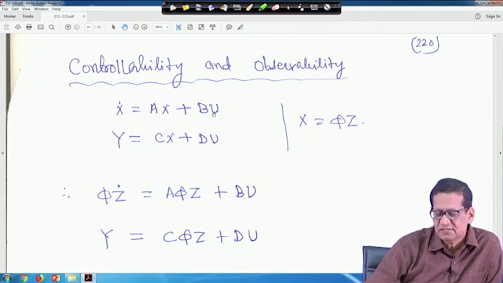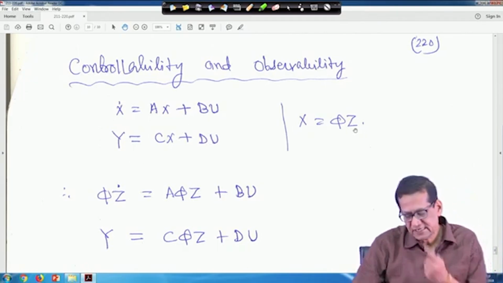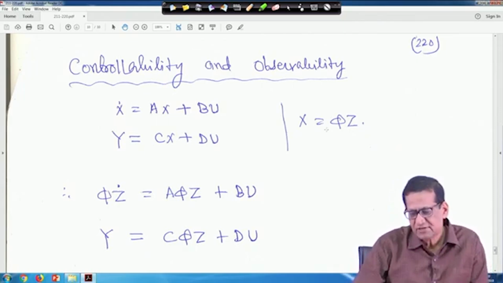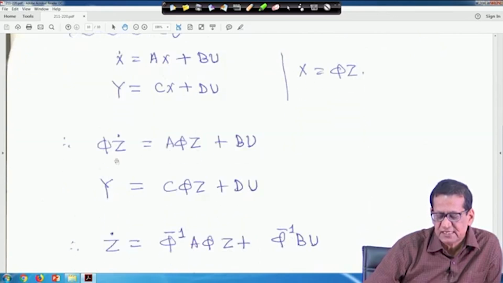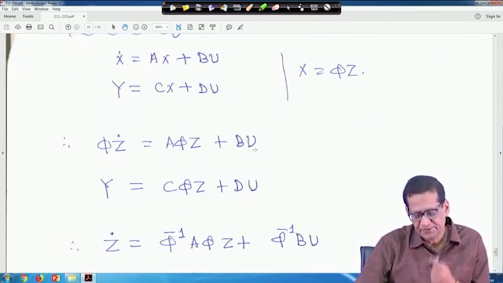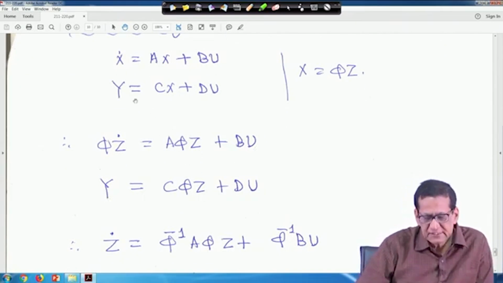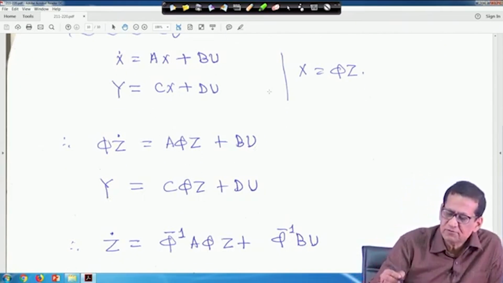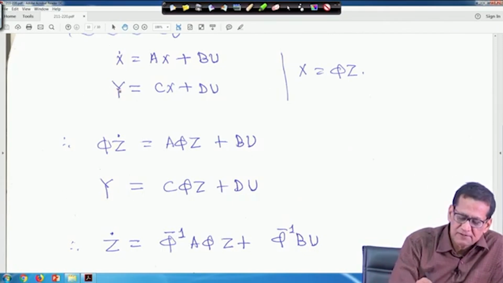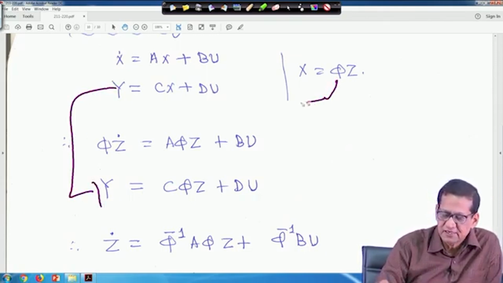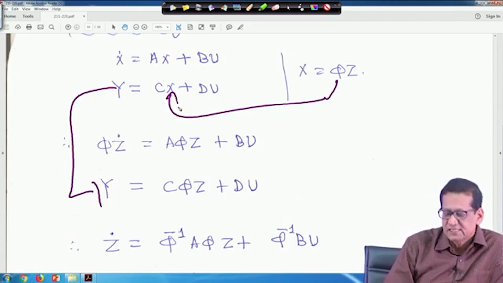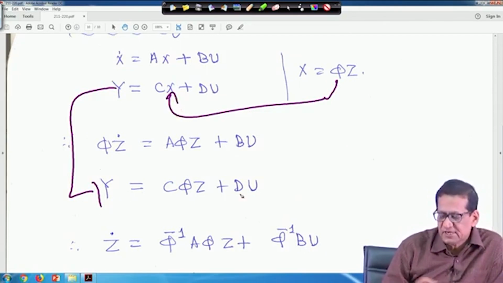Suppose x dot is equal to A x plus B u and y is equal to C x plus D u, where x is equal to phi z. This we have defined before. Therefore, if we put x is equal to phi z, it will be phi z dot is equal to A phi z plus B u, and y is equal to C x, with x equal to phi z, so it will be C phi z plus D u.